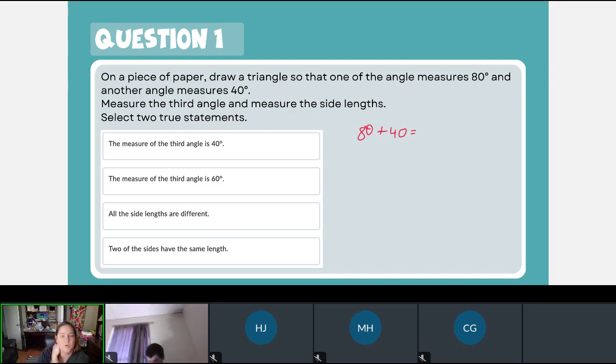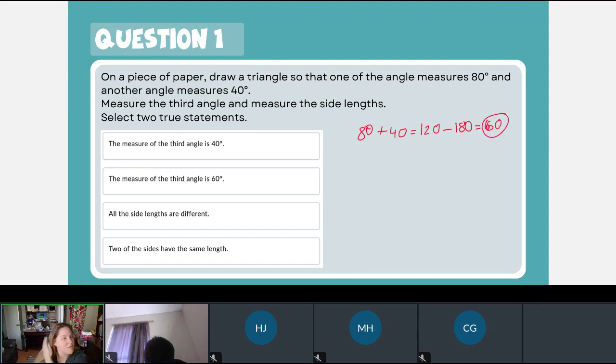Very good, 120. Now, that's only 2 of our angles, right? If 2 of them equal 120, we can find the third angle by subtracting that from 180, because they have to equal that. So what is the measure of our last angle? Good. Yes, 60 degrees.